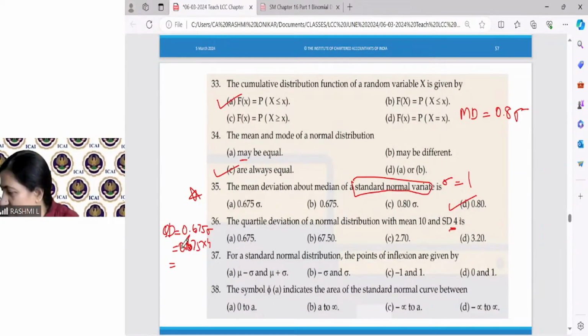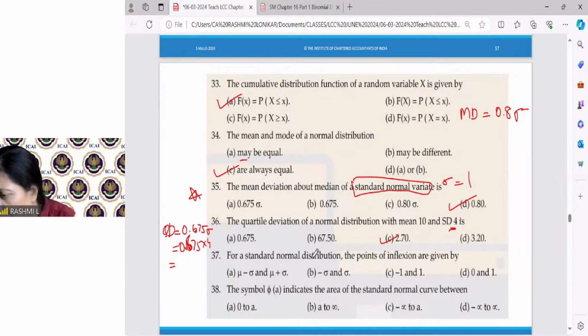How much is this? 2.7. Okay, so C will be the correct answer.